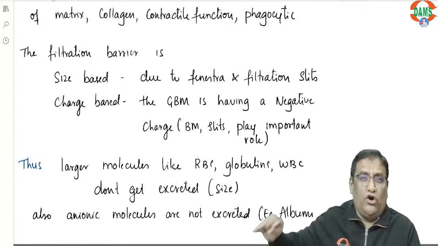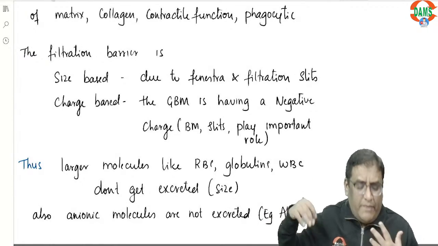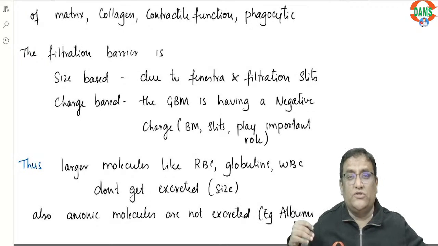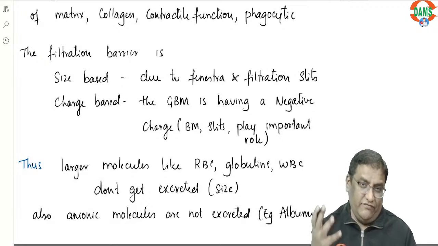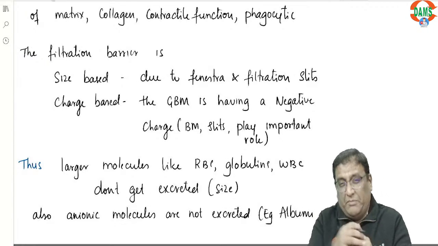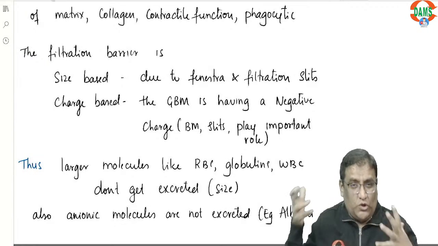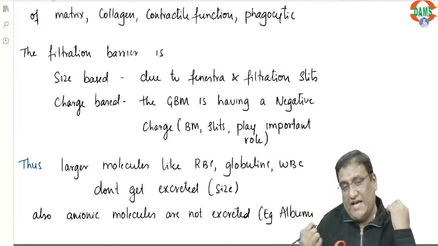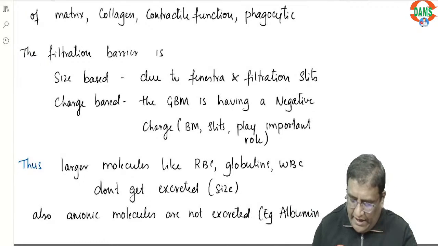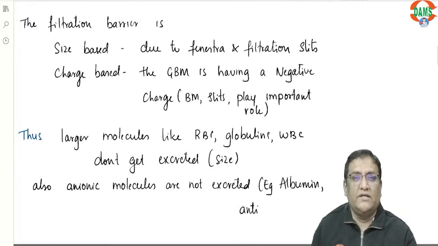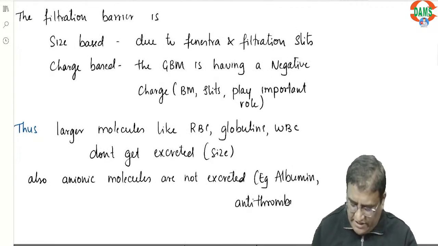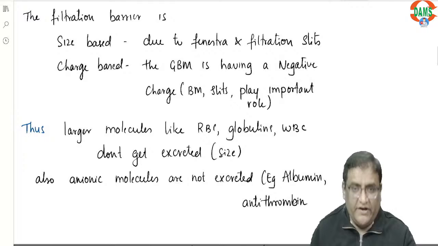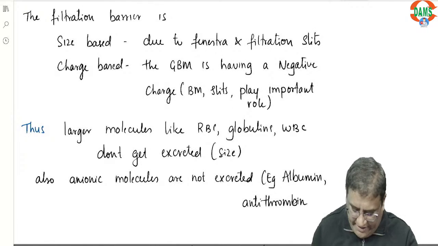Although theoretically we say the basement membrane has a net negative charge, better we call it the filtration barrier, rather than using an anatomical term, we use the word physiological unit, right? The filtration barrier contains basement membrane, filtration slit protein, podocytes also, and the foot processes as well, right? Yes, like albumin, antithrombin. These are not normally filtered. They are physiologically not filtered by the kidney, isn't it?